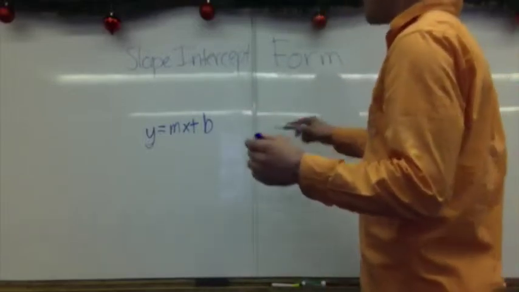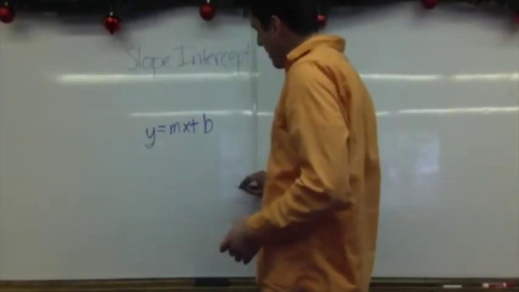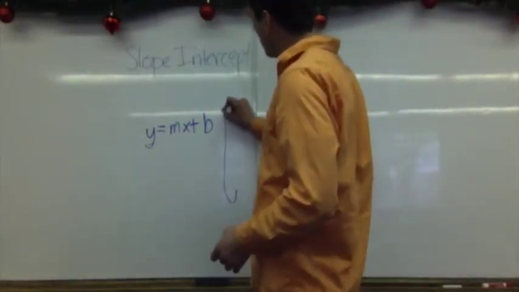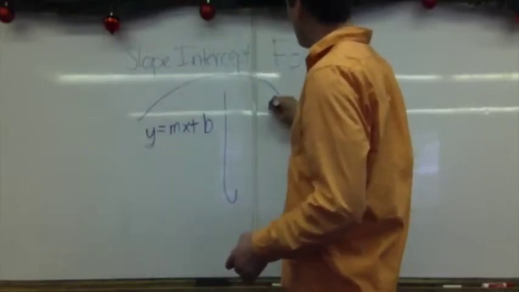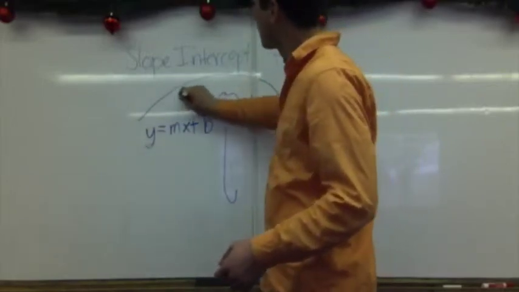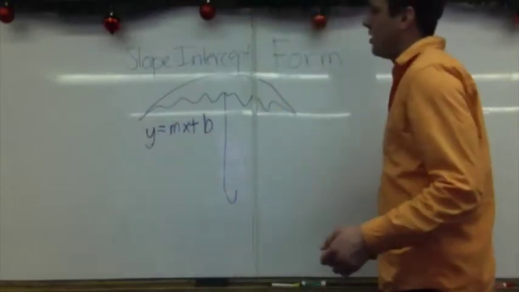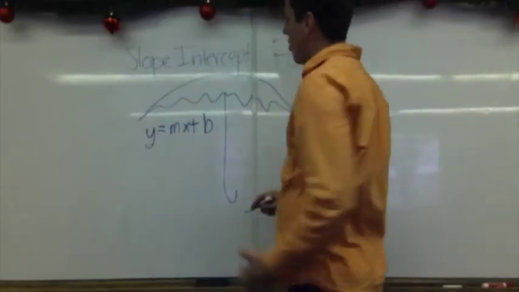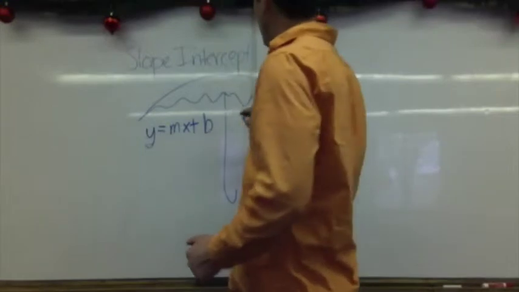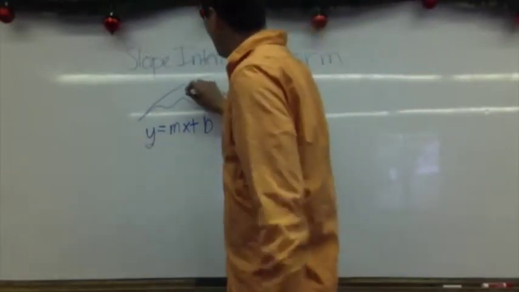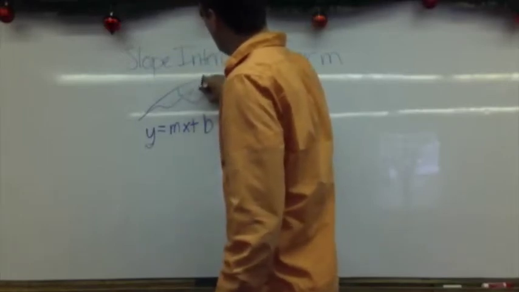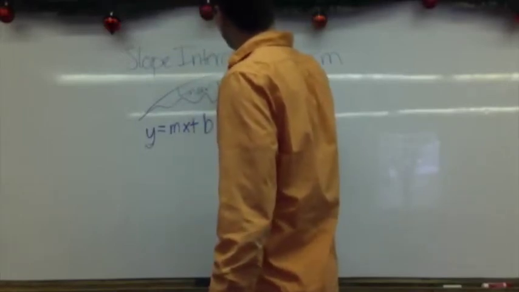There's a reason why we call this the slope-intercept form, and it's because linear equations come in two, or actually more than two forms. The two that we're going to study are called the slope-intercept form, and then there's the standard form. Both of those forms are under the umbrella of linear equations.